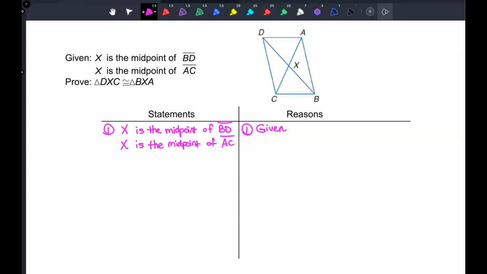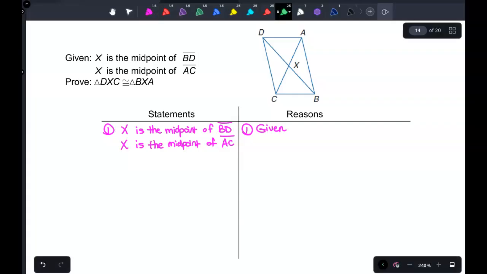So I have no congruent sides, but notice that what we are given is midpoint. That means we're going to use midpoint theorem twice. Okay. Now, it's important also to note what triangles are we making congruent. DXC. So if you have a highlighter or something, I'm going to just highlight that. Okay. We want to make that triangle.